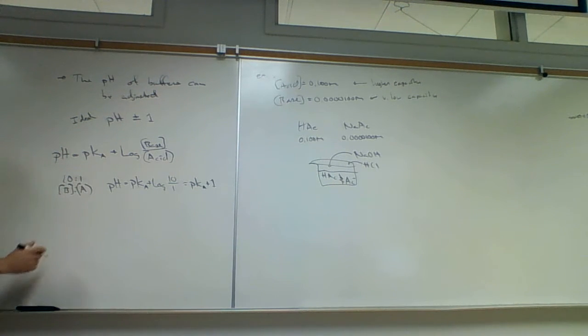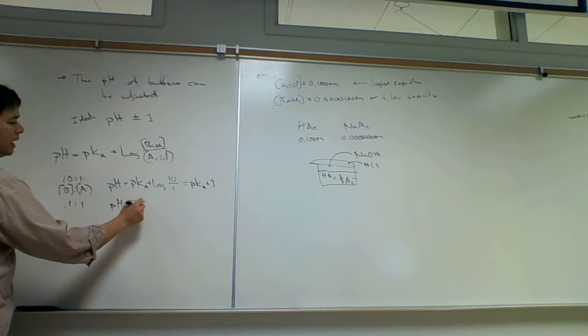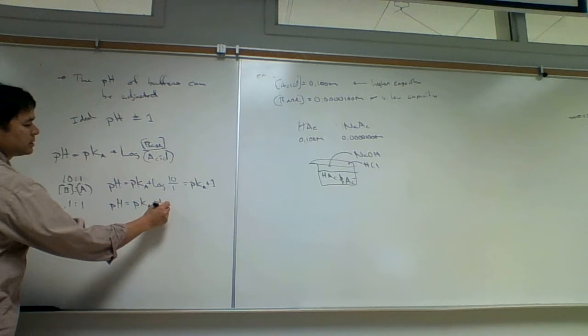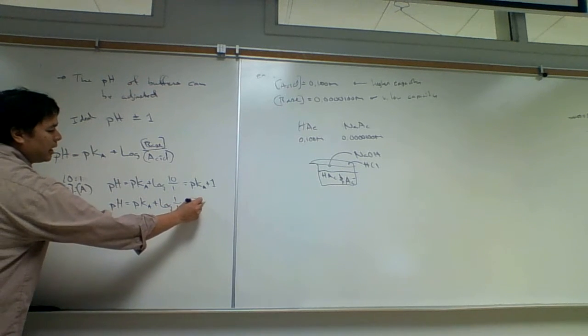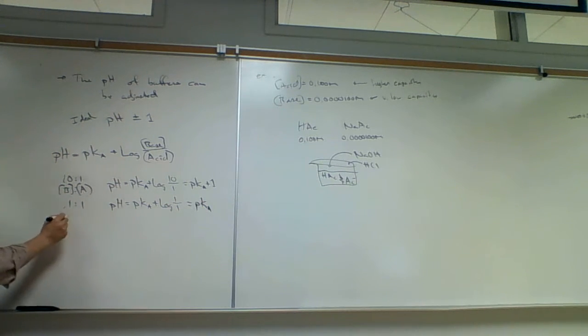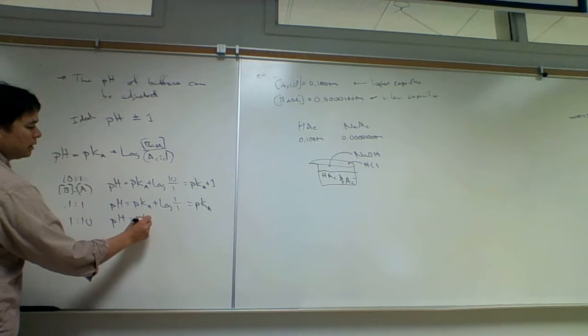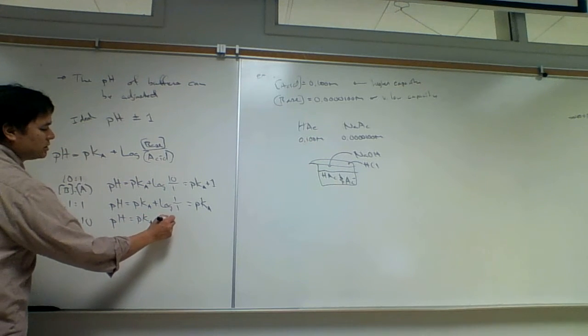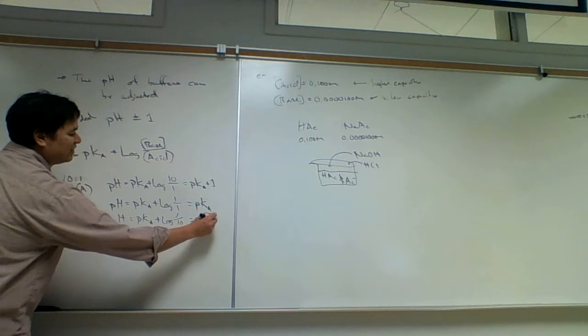If we have a 1 to 1, then the pH is equal to the pKa plus the log base 10 of 1 to 1, which is 1, which is just equal to the pKa. If we have a 1 to 10 ratio, and so we have 10 times more acid, the pH is going to equal the pKa plus the log of 1/10, which is just pKa minus 1.